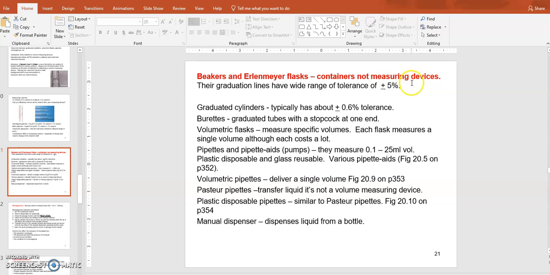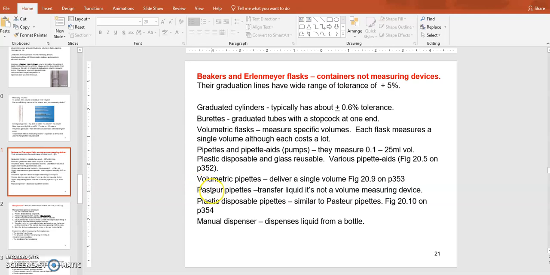Okay, then what are the real volumetric devices that you can use in your volumetric determination? Those are graduated cylinders, very small tolerance, burettes, volumetric flasks, and then pipettes, plastic disposable and glass reusable pipettes, same way, and the volumetric pipettes.